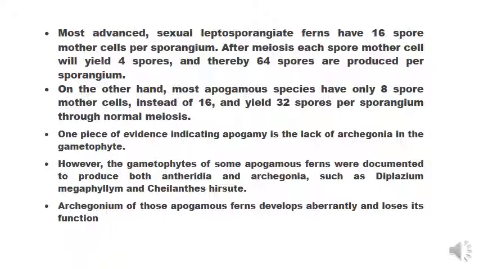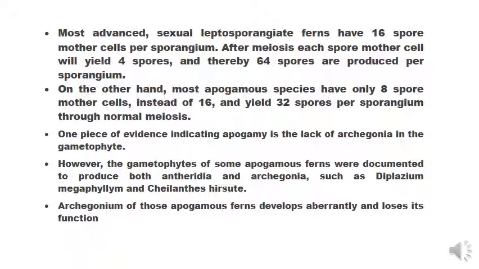For example, the leptosporangiates. There are two groups of pteridophytes. One is leptosporangiates, which is generated from one single superficial initial. Suppose it has 16 spore mother cells, and we know one spore mother cell, whether megaspore or microspore, upon meiosis gives rise to 4 spores.